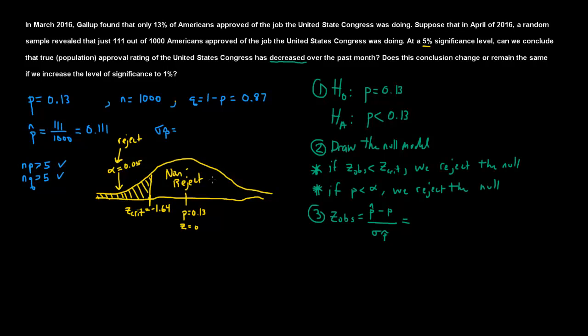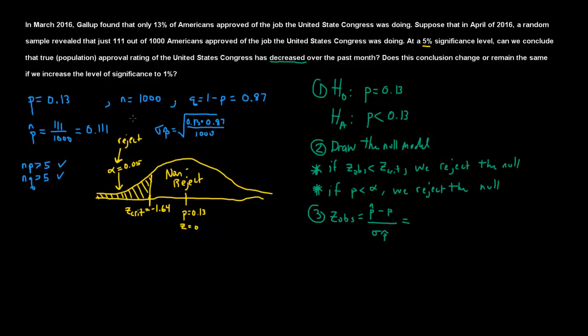Because we are assuming that the null hypothesis is true, we want to use P and Q, not P hat and Q hat, in our standard deviation. So that notation is a little misleading. Our formula is the square root of P times Q, which is 0.13 times 0.87, divided by n, which is 1,000.